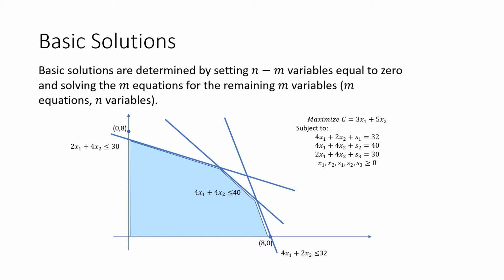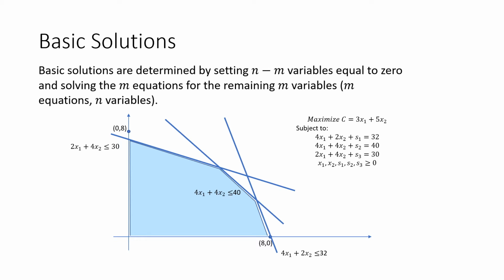So we have the idea of a basic solution when we're dealing with algebraic. This is the equivalent of a corner in our graphical solution. Basic solutions are determined by setting n minus m variables equal to 0 and solving the rest of the equations.